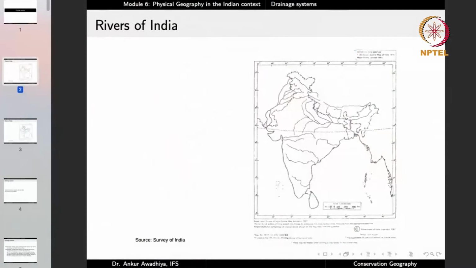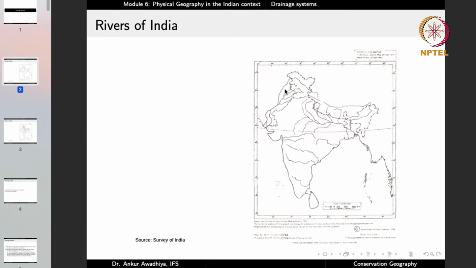Now, when we are discussing drainage systems, we are asking the question, how do rivers move? What sort of patterns do they make? So, if we look at our rivers, we find that these rivers are either draining into the Arabian Sea or into the Bay of Bengal. These are the two water bodies that primarily receive the drainage of Indian rivers.